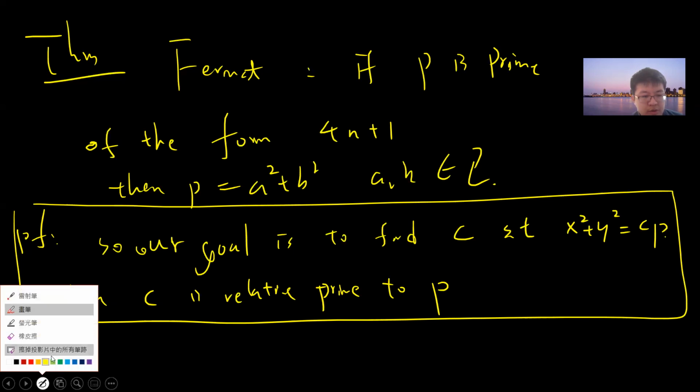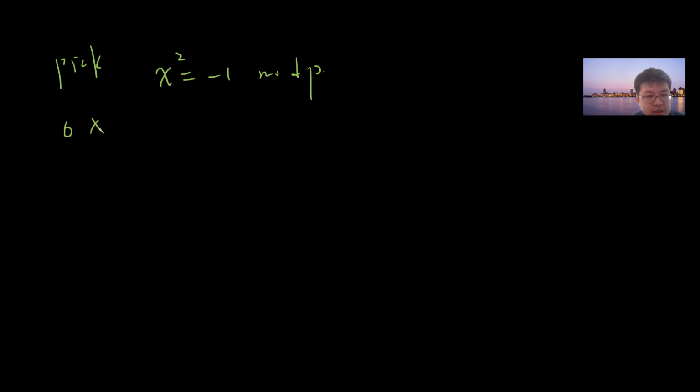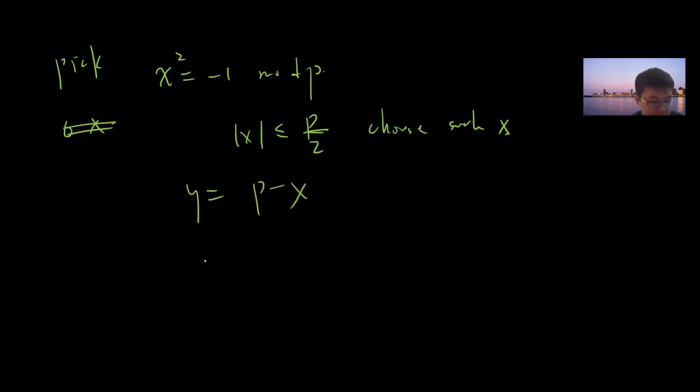Okay, so let's finish the proof. Let's combine the lemma. We just pick x squared equals minus 1 mod P, and we can restrict this x to be less than P divided by 2, right? The same argument. So let's just choose such an x, and we can define y to be P minus x. And yeah, actually we don't care.